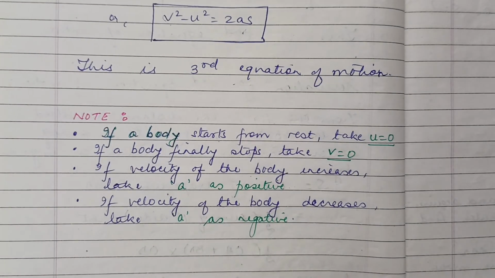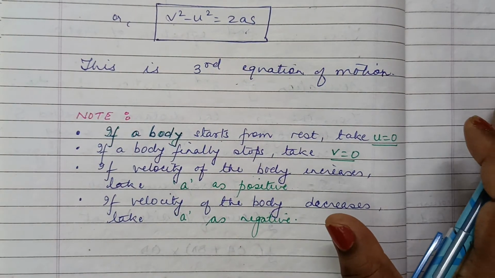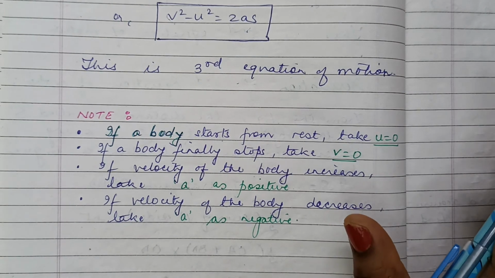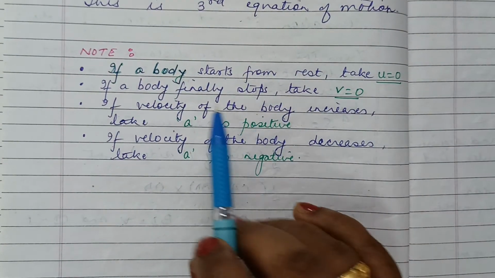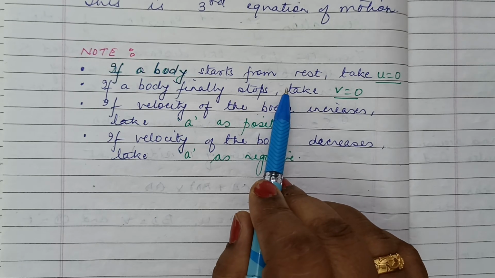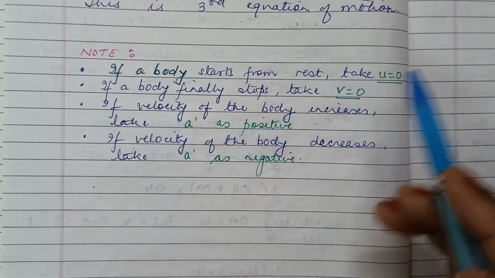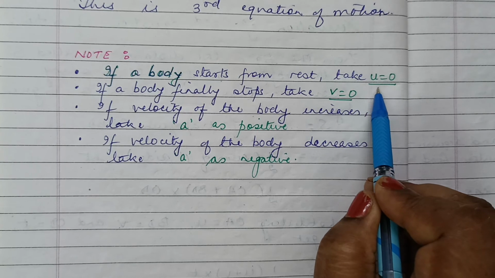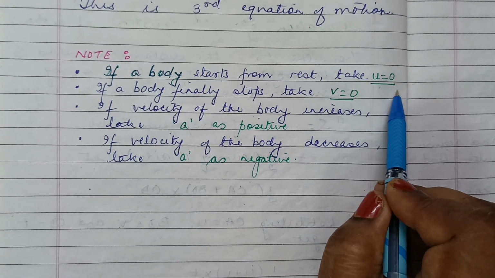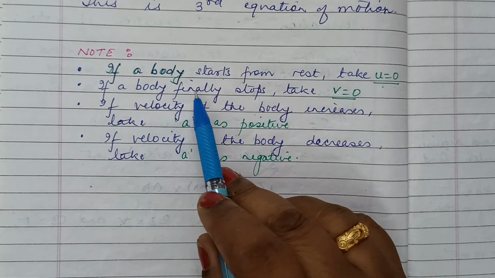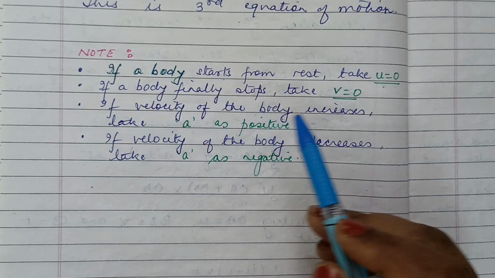Now before we start the numericals, there are few things which you have to keep in mind. That is very important. That is why I am giving this. If a body starts from rest, take its initial velocity, that is U equals to 0. If a body finally stops, then its final velocity is 0.